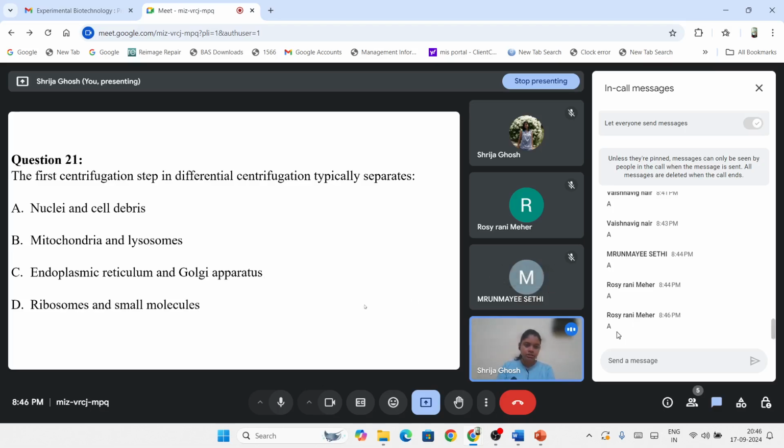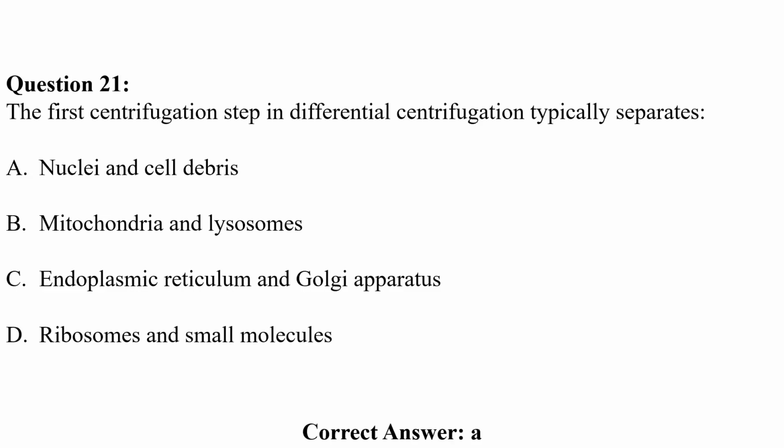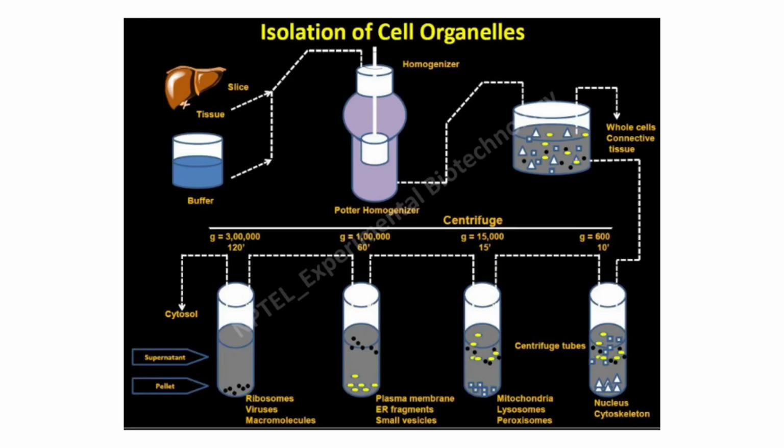So Rosie has answered option A, nuclei and cell debris. Yes, both of you have answered nuclei and cell debris. That is the correct answer, option A. This is what I was talking about.